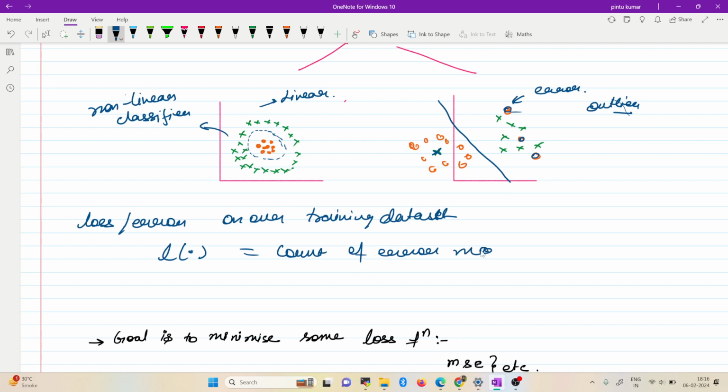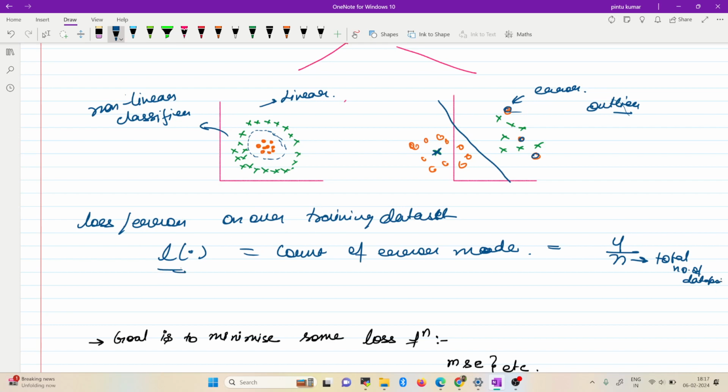For example, in the outlier case, here you have made 4 errors, so your loss would be 4, and just to compare two different losses, we can divide it by the total number of data points that we have. So the loss can be 4 by n.